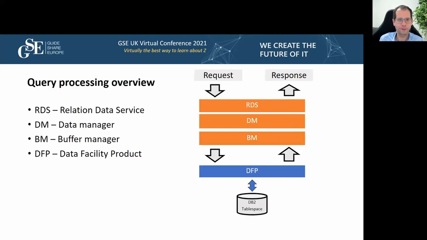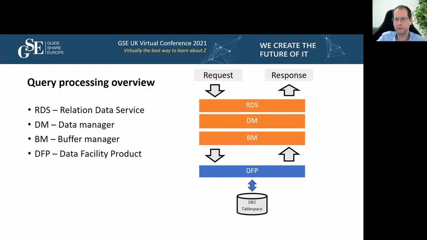All right, let's go into join predicates. Again, some basic stuff about how DB2 performs the queries. I don't want to go into those different layers in detail, but on the left top, you see the request is coming to DB2, comes through the different layers, and then you get the response back. At the very bottom, you have just the data on the disk, right?